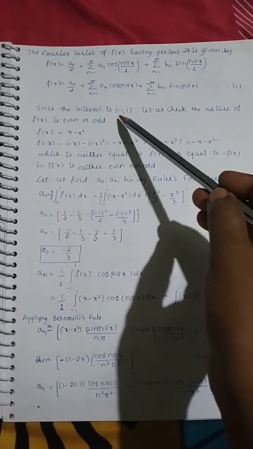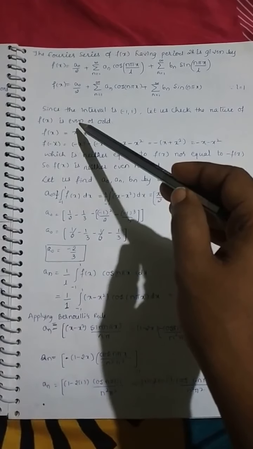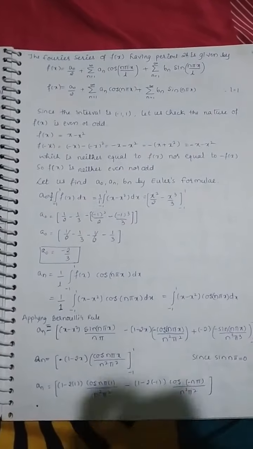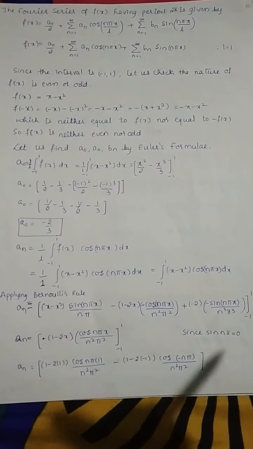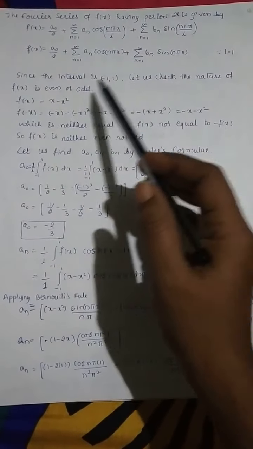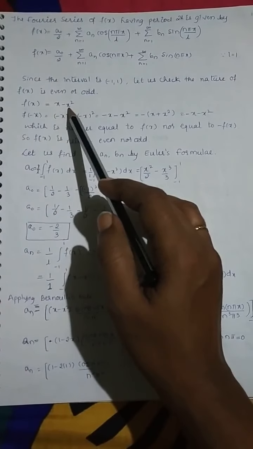Since the interval is minus 1 to 1, let us check the nature of f of x, whether it is even or odd. f of x equals x minus x square.